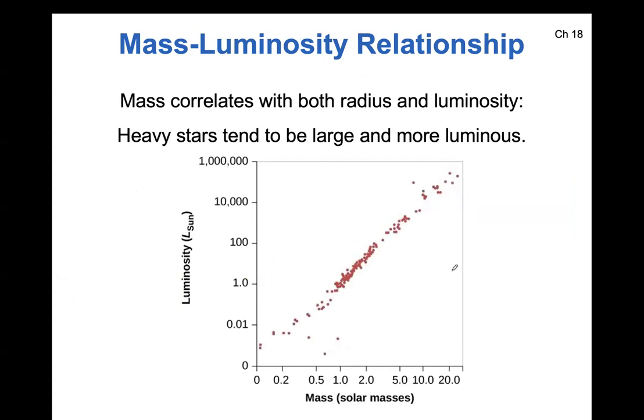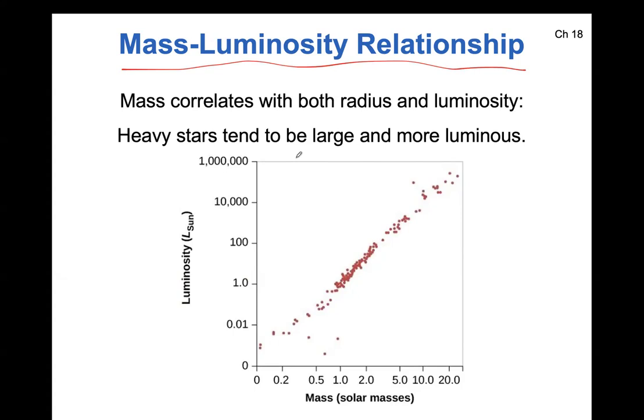Okay, so let's look at not the HR diagram, but a diagram that contains a lot of similar information. This is a graph that shows the mass luminosity relationship of stars. This is showing a correlation between a large population of stars, specifically those main sequence stars we keep talking about.